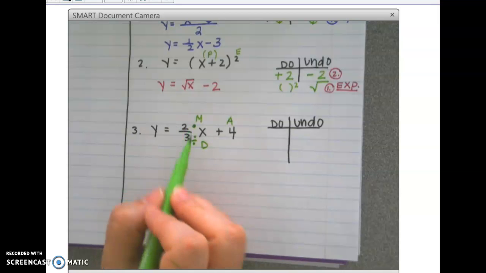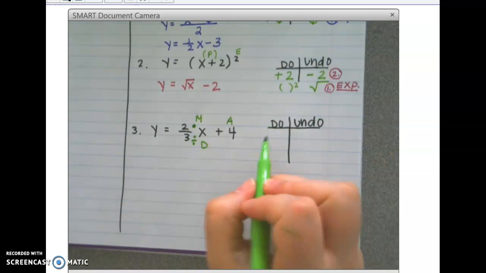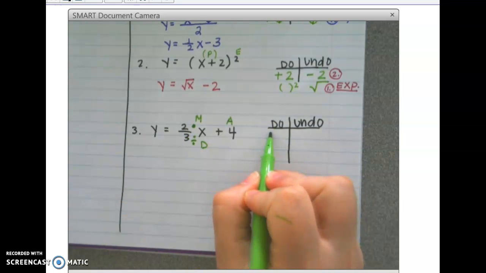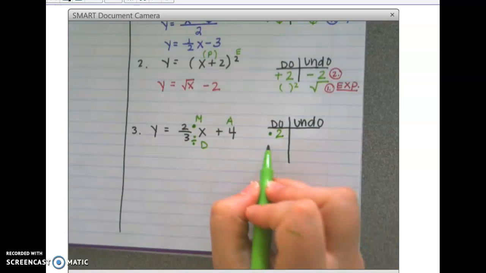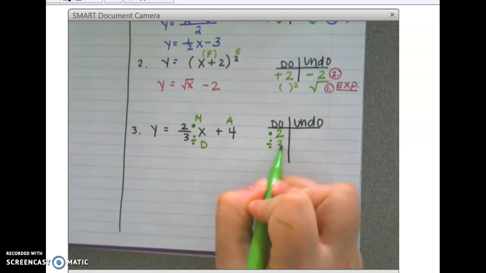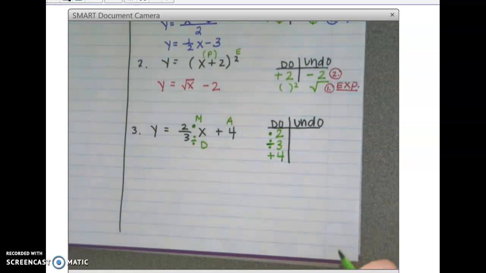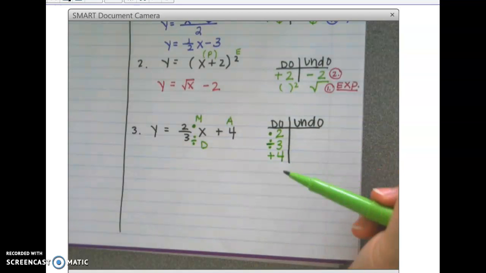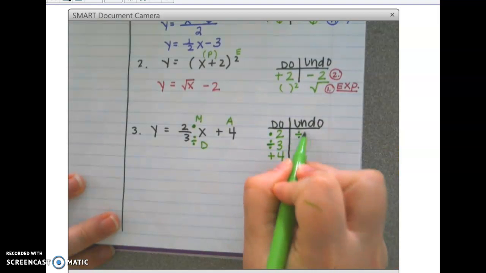Technically, multiplication and division, neither one comes first, but because of the 2 being in the numerator, I like to start with that. So times 2 divided by 3 plus 4. I have my multiplication and division, and then my addition or subtraction. I'm going to do the opposite.